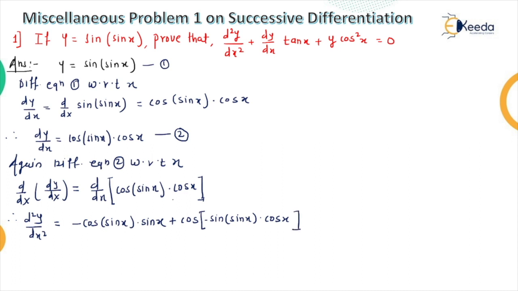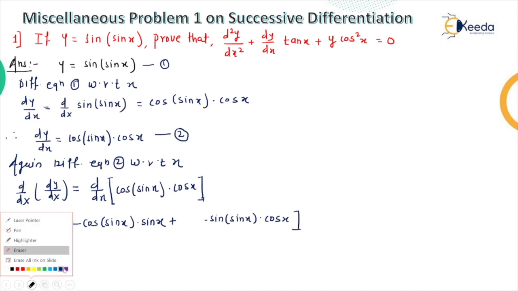So first into derivative of second, plus second into derivative of first. The derivative of cos of sine x is minus sine of sine x into the derivative of sine x, which is cos x.